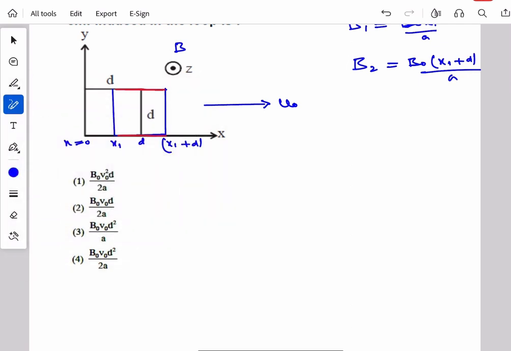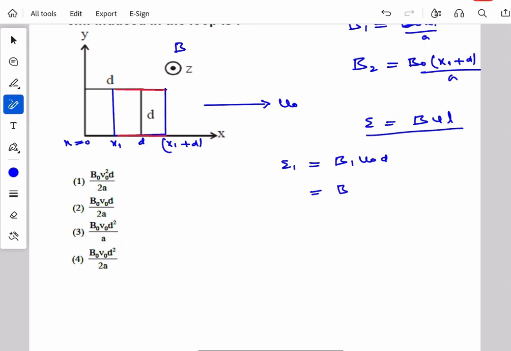Motional EMF in a straight wire is given by B v into l. So motional EMF in the left vertical wire would be B1 into v naught into d.